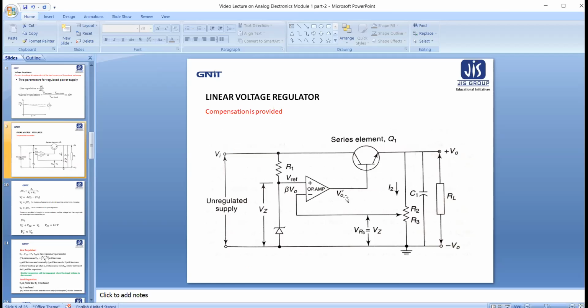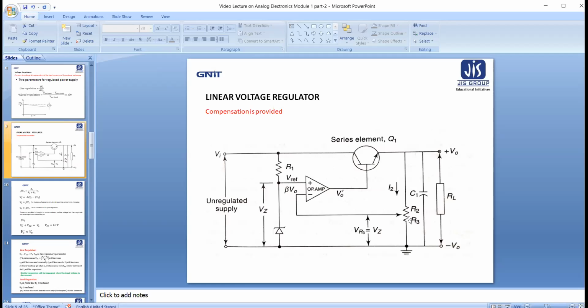When the op-amp output is 0, it will not drive any base current to the transistor. When there is no base current, there is no change in the collector current, so basically the output voltage becomes fixed.